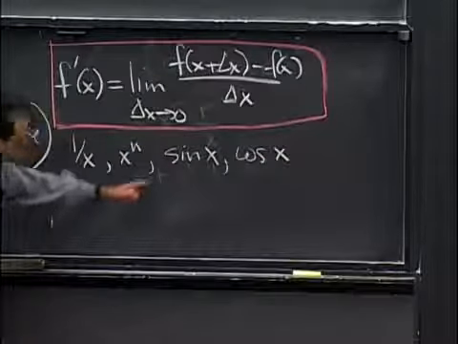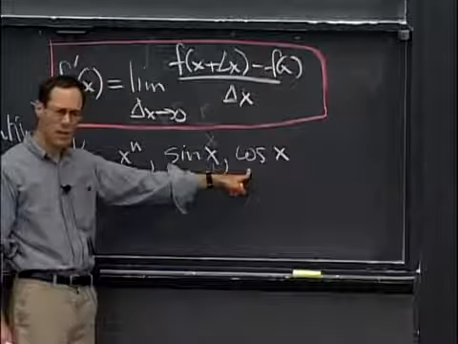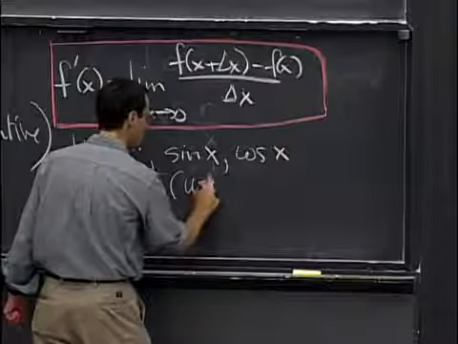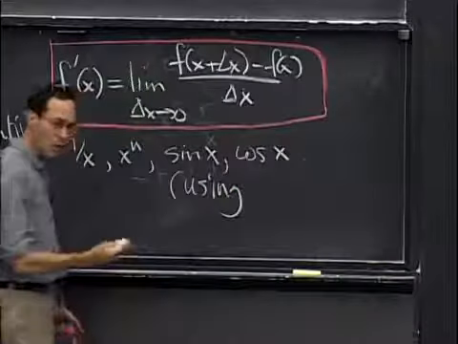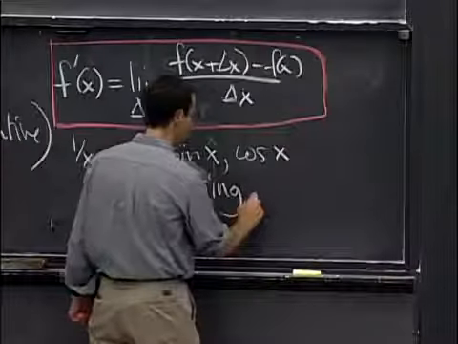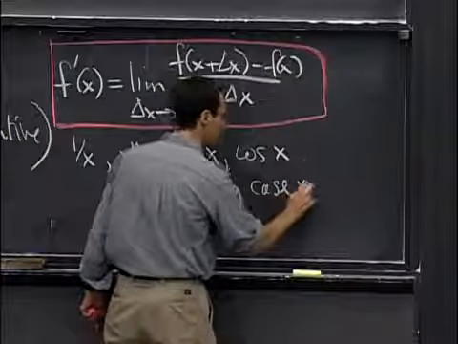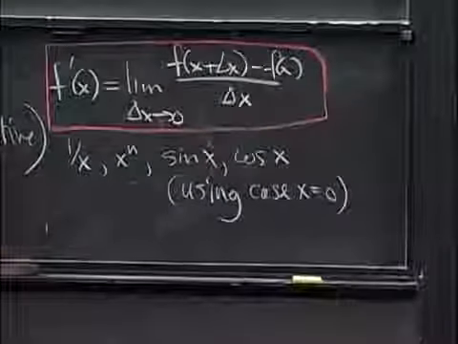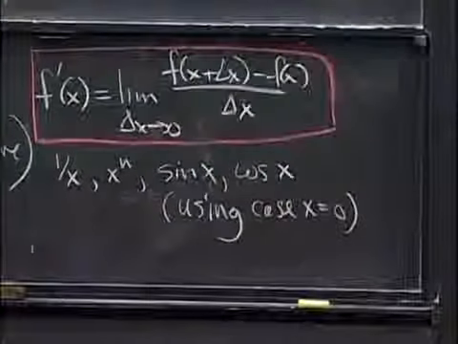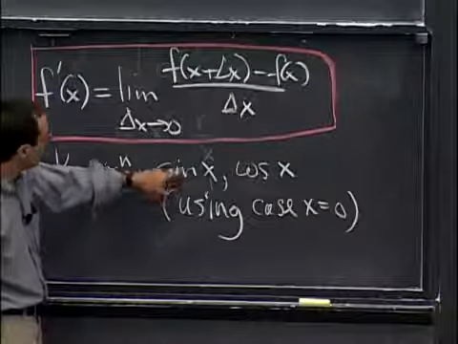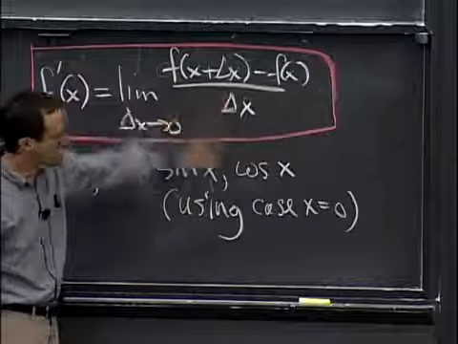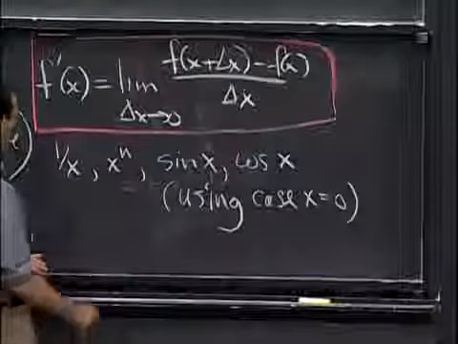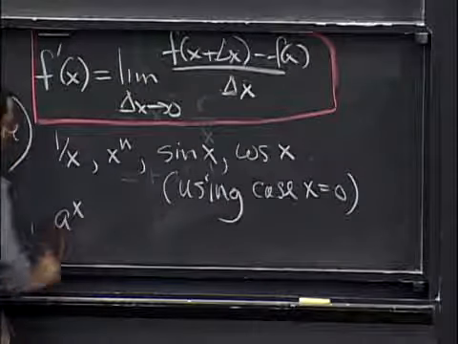Now, there was a little bit of subtlety with sine x and cosine x. We didn't quite get them all the way. We got them using the case x equals 0, from the derivative at x equals 0. We got the formulas for the derivatives of sine and cosine. But that was an argument which involved plugging in sine of x plus delta x and running through, OK? So that's one example. We also did a to the x.